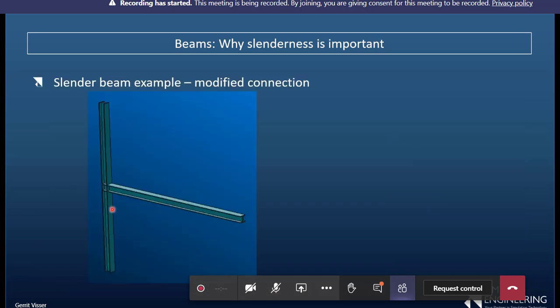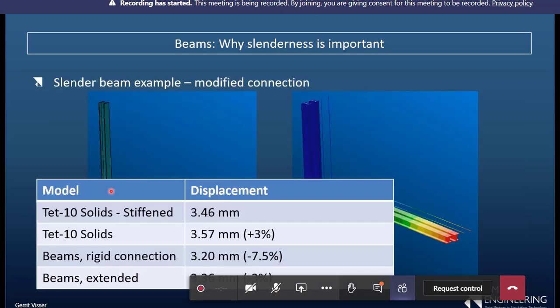So now we do the same. We add that stiffener and see the new effect. So it goes from 3.57 to 3.46. So that's a much smaller change than before. It's now only a 3% difference between the two solid models, but now -7.5 and -3% for these beam models.